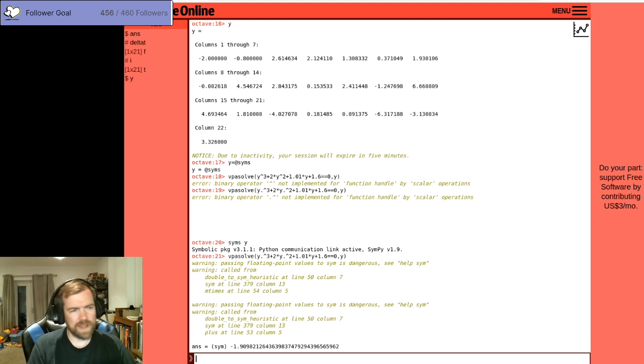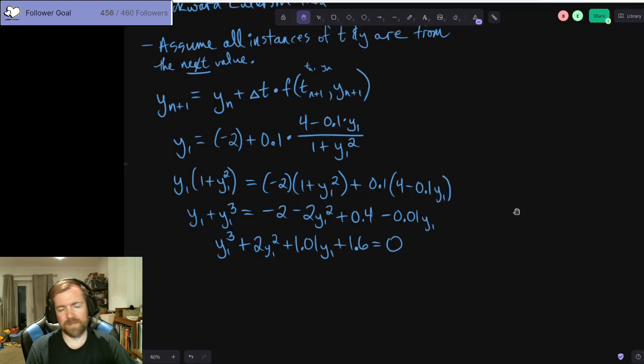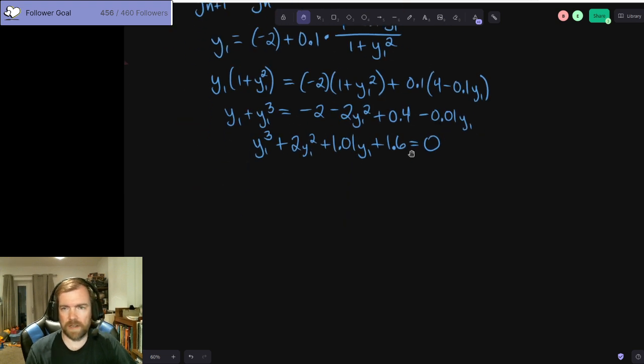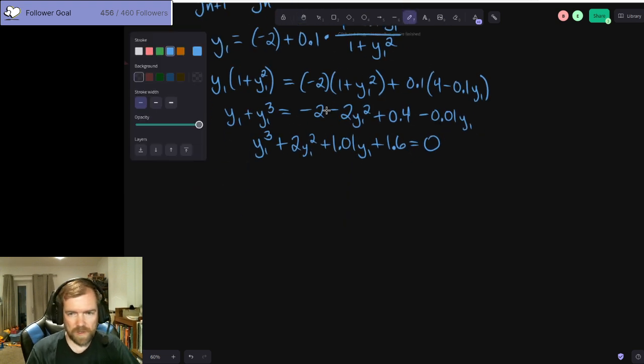But at any rate, we would iterate this over and over and over again, and just plug the result we get here back in. So y1 is equal to negative 1.909821264, more stuff after that.